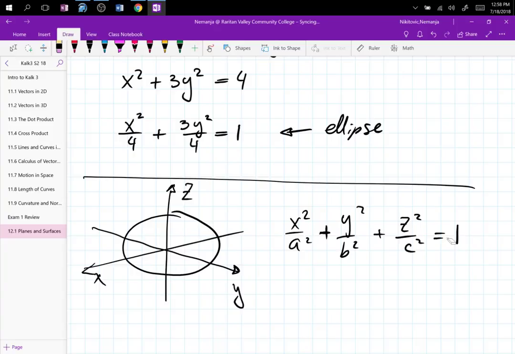If you remove the y variable by saying y equals 1, you want to cut at y equals 1, you are going to get an ellipse again, because you will have x squared and z squared. And if you remove z, you will get, again, x squared and y squared. So no matter which way you cut, you always get an ellipse. So this thing is called an ellipsoid.